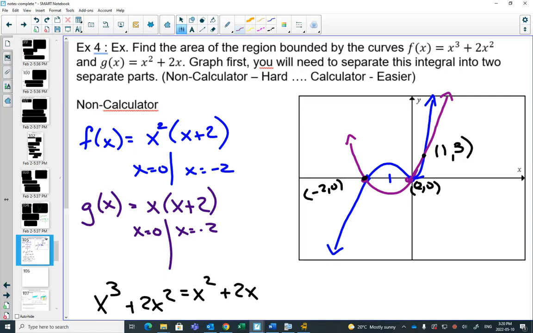And the area we want to find is here and also there. But we can't just do the integral from -2 to 1, because can you see that between -2 and 0, the blue graph is the top graph, but between 0 and 1, the purple graph is the top graph?